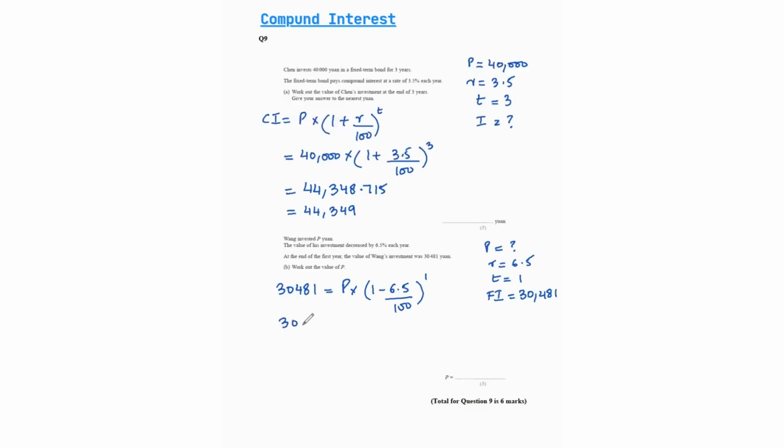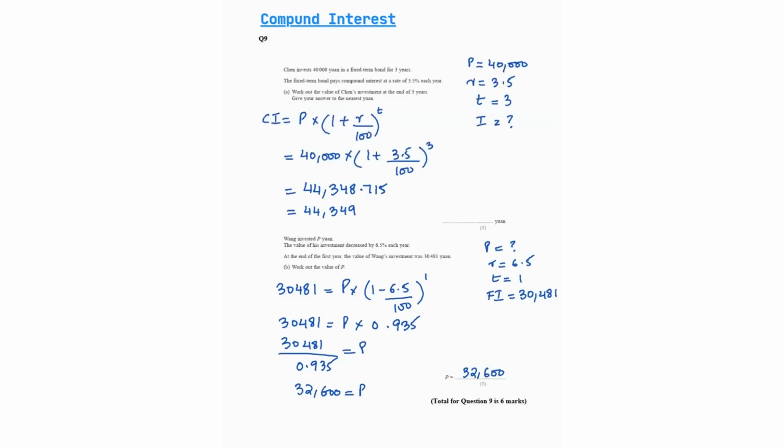So 30,481 equals B times 1 minus 6.5 divided by 100, that's going to be 0.935. Then we divide 30,481 by 0.935. And that's going to give us 32,600 as the value of B.